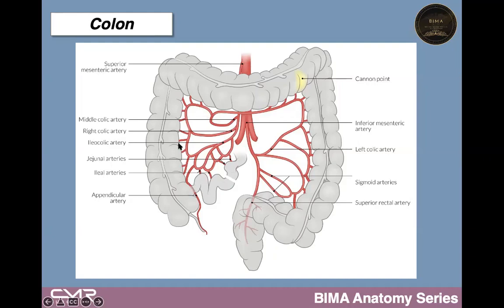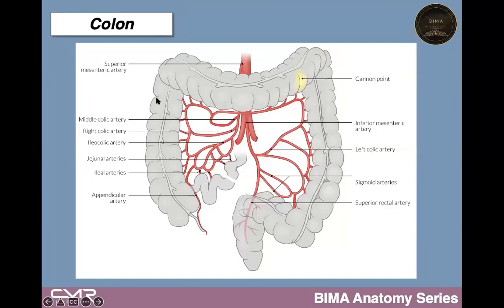This will anastomose in such a way that if one of these branches is compromised, the area will still have blood because of this anastomosis. Can someone tell me what the anastomosis is called? So the anastomosis is called Haller's anastomosis.